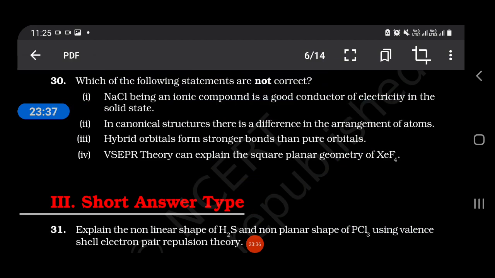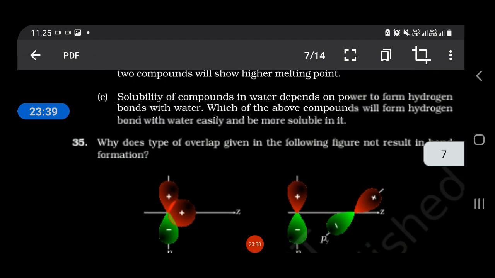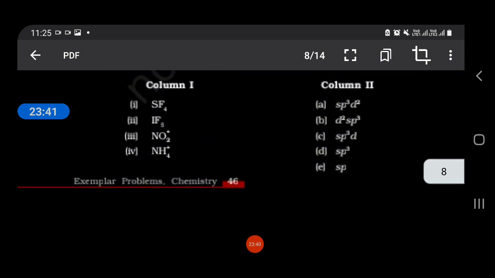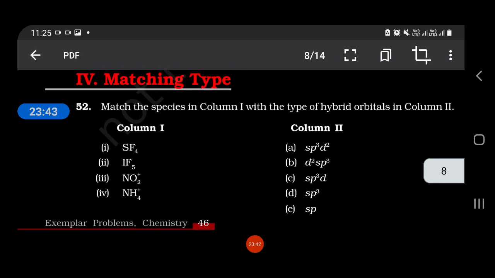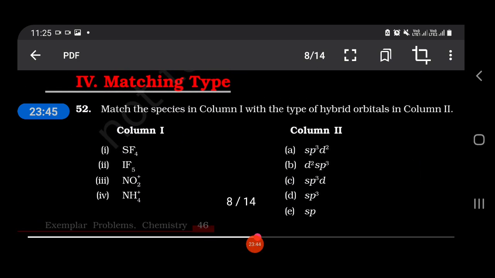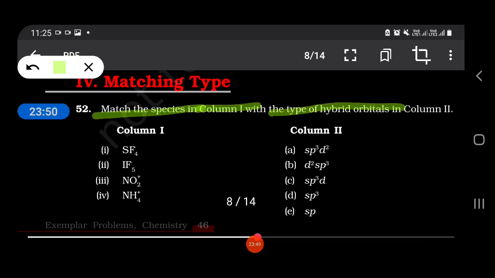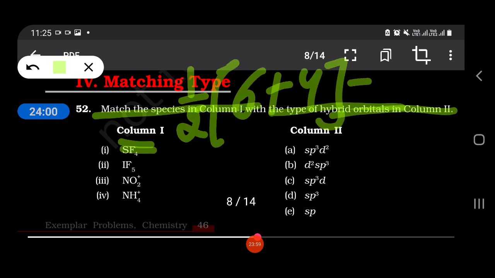All the best for your exams, but there are some questions of the match the following type, so we will do those questions. Match the species of column 1 with the type of hybridized orbitals in column 2. SF4 is half of 6 plus 4, equal to 5, that is sp3d.